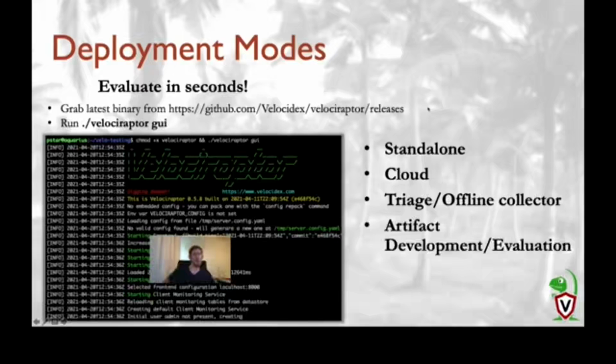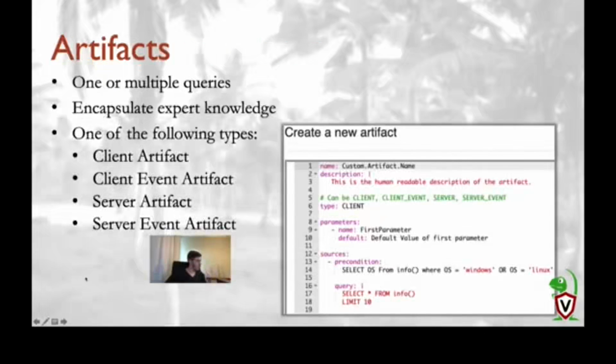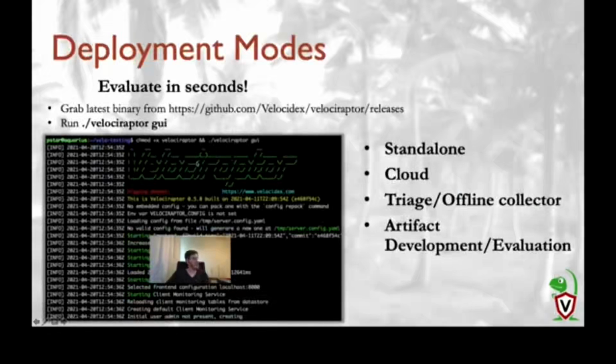Now, as far as deployment modes, Velociraptor has a few different deployment modes, and it's really easy to get started if you want to evaluate it by just running the Velociraptor GUI command. And you'll see that right here in the slide. Ooh, let me go back. Sorry about that. You can grab the latest binary here from Velociraptor releases.